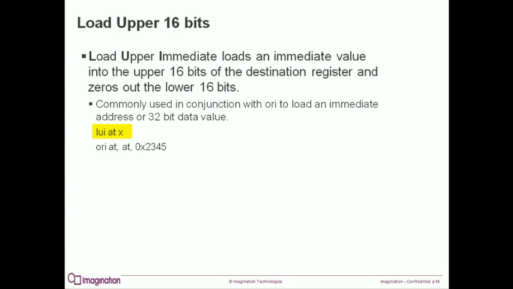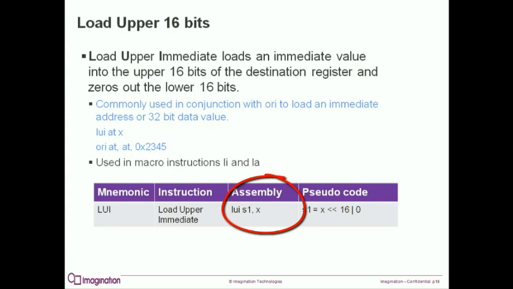The load upper immediate instruction loads the upper 16 bits with an immediate value, and you can use the ORI instruction to load the lower 16 bits. The load upper immediate is used in the load immediate and the load address macros. The syntax is destination register, S1 in this case, and a 16-bit immediate value, X.